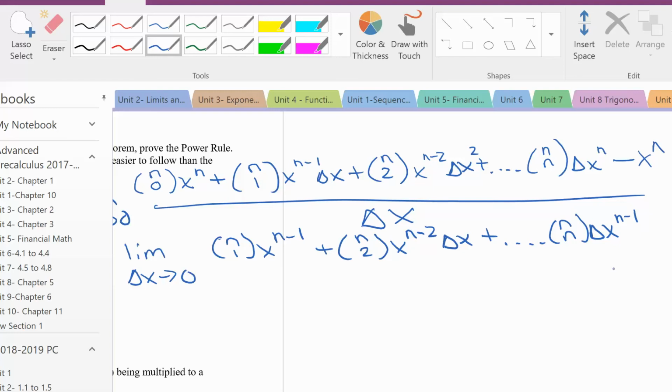And remember, here, the x to the nth will cancel out, so that's where we are.